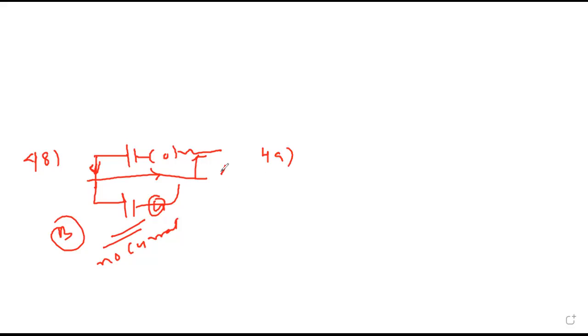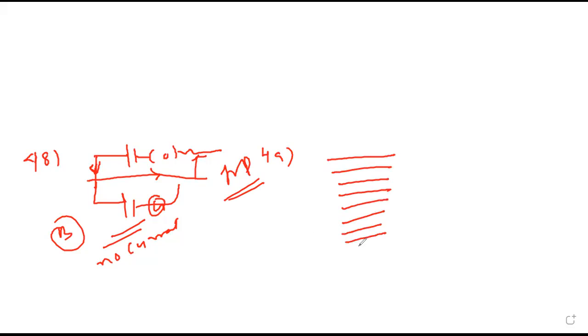49. Frequently asked question 49. In a potentiometer of 10 wire, 1 wire, 2 wire, 3 wire, 4, 5, 6, 7, 8, 9, 10 wire. The balance point is obtained on 6th wire. So balance point we get on 6th wire. The battery है, इसका balancing point we are getting on 6th wire.